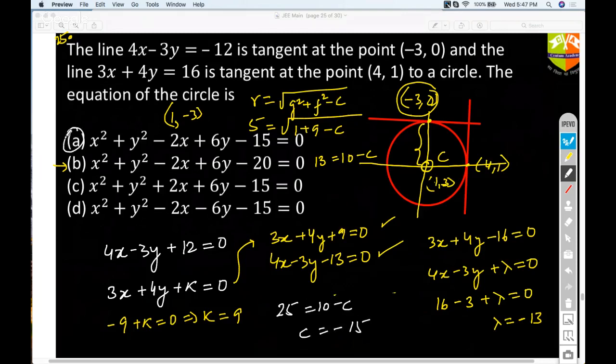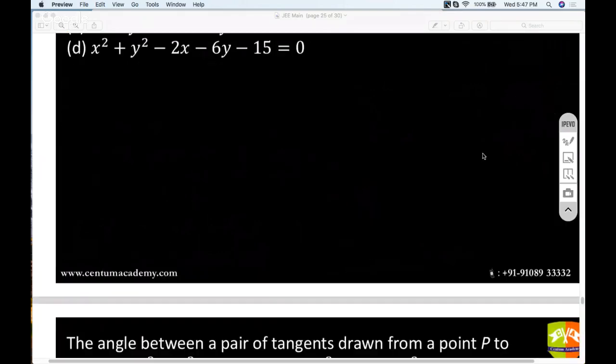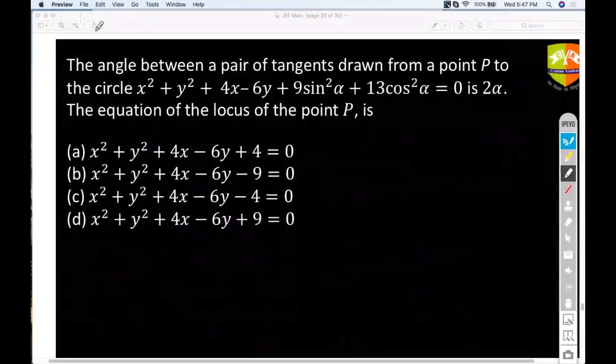So in that case, option number A is going to be the right option. Well, great. So let's move on to the next one. The angle between the pair of tangents drawn from a point P to this circle is 2 alpha. Then find the locus of the point P.